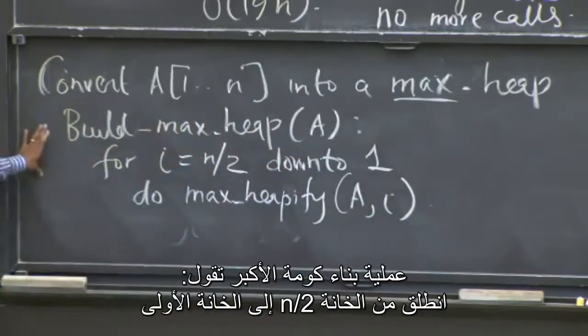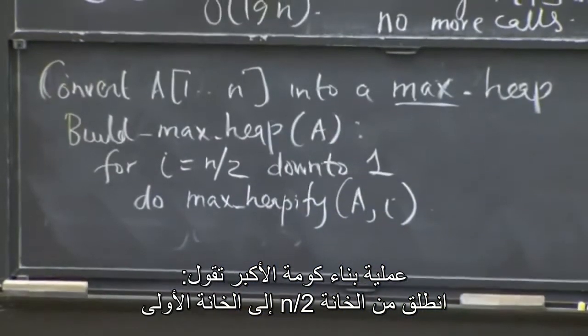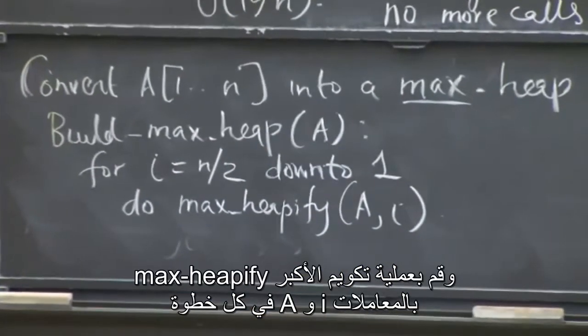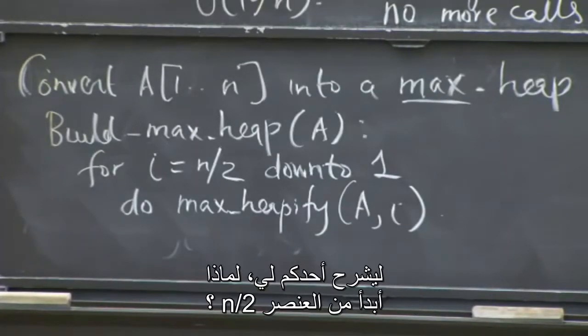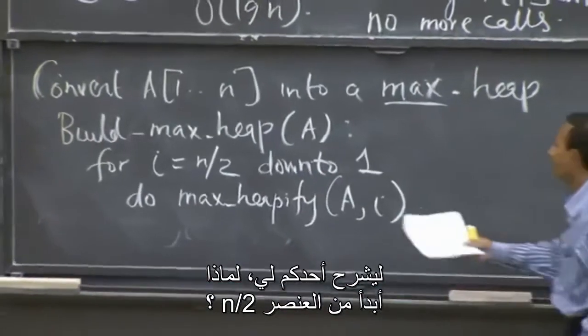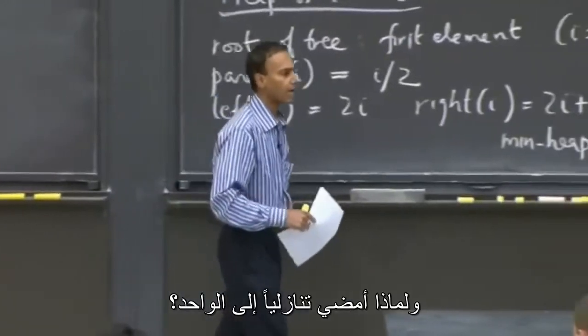All right, that's it. Build max heap says go from i equals n by 2 down to 1, okay? Max heapify A of i.